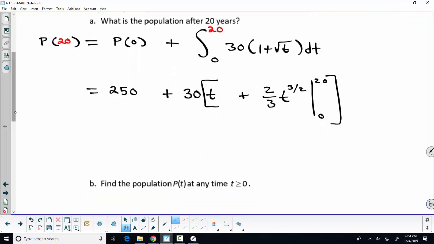Okay, well this 0 is going to make all of this 0. I'm just going to assume that we're all okay evaluating this, multiplying it by 30 and adding it to 250. So 2638.85.